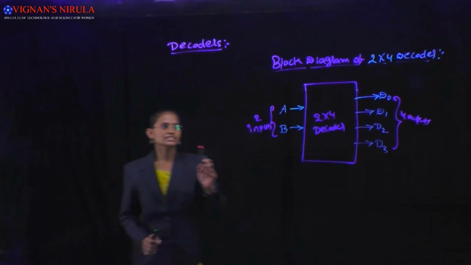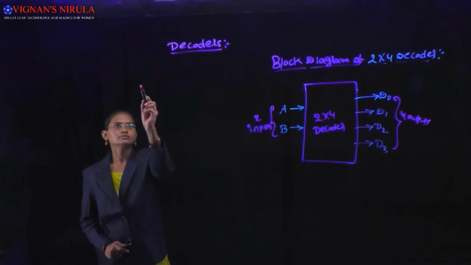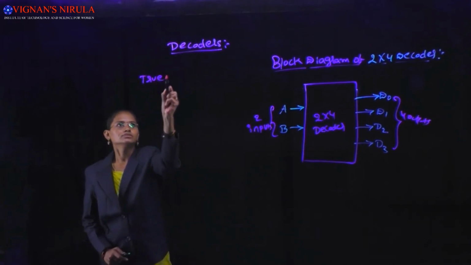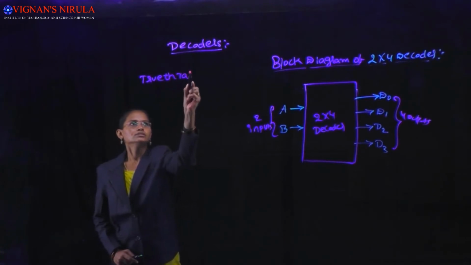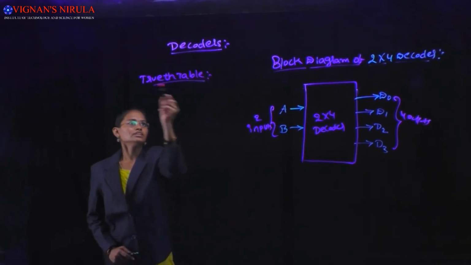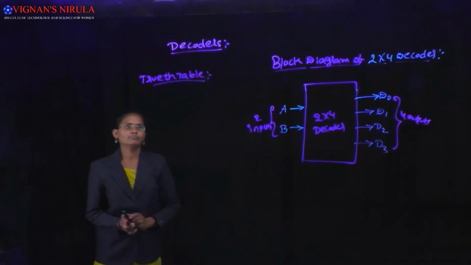Next, see the truth table for 2 to 4 decoder.